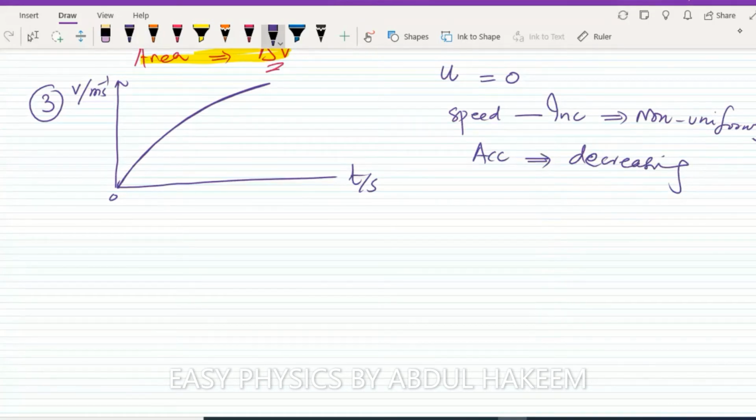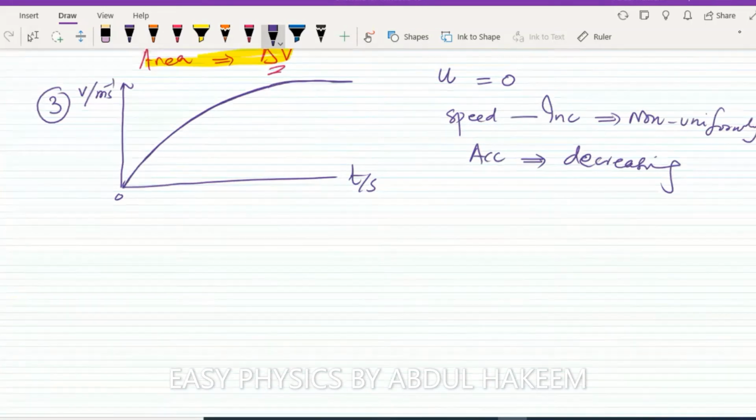And if the line finally becomes horizontal, then the gradient is 0. So acceleration finally 0.